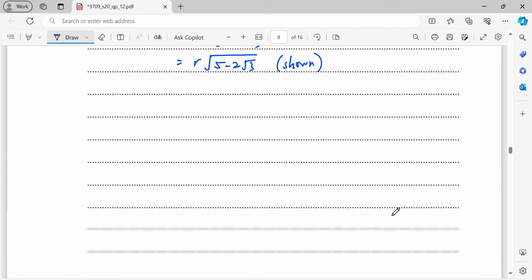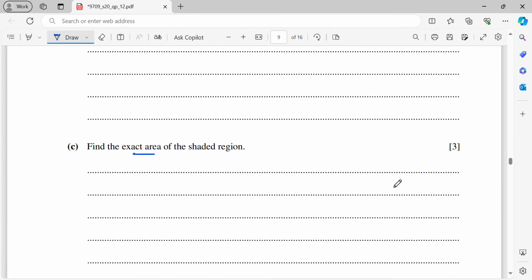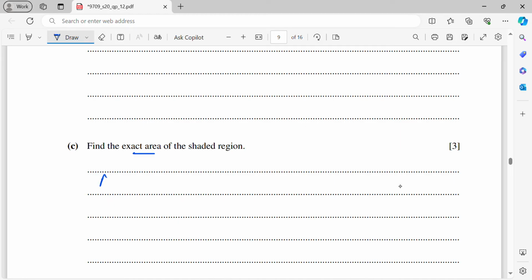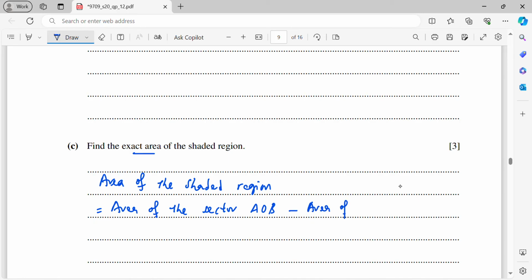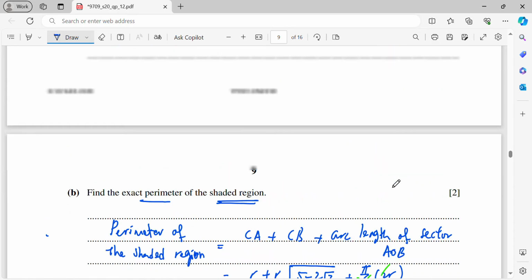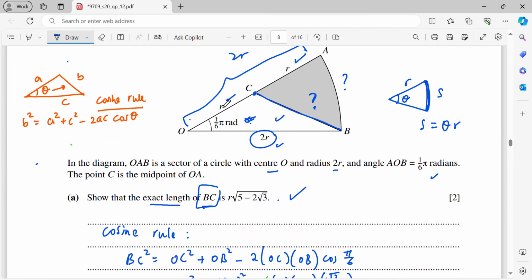So area of sector formula is, I will just write down here first, area of the shaded region equals to area of the sector AOB minus area of triangle OCB.